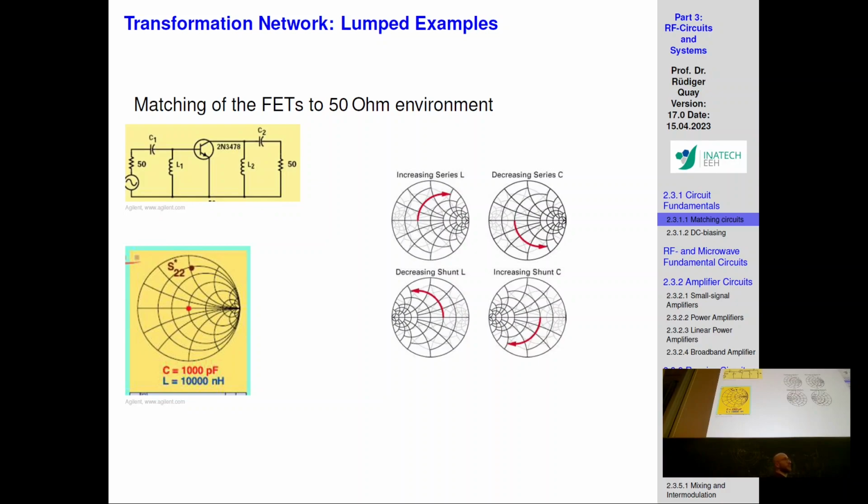By adding this decoupling capacitor, aren't we just also moving our S point in this case? No, because we're operating here at 50 gigahertz or something like that. This capacitor is small enough that it will only affect the cutoff frequency.